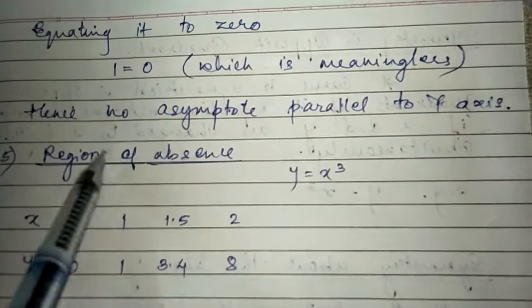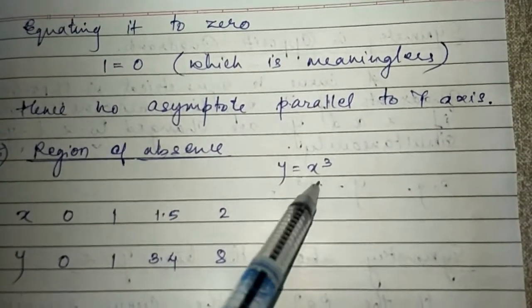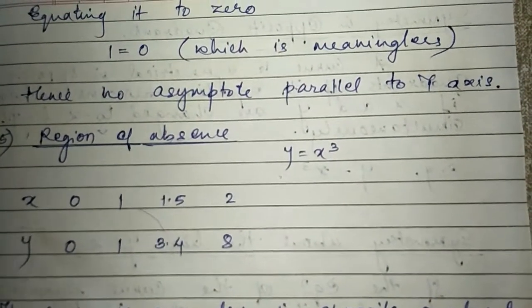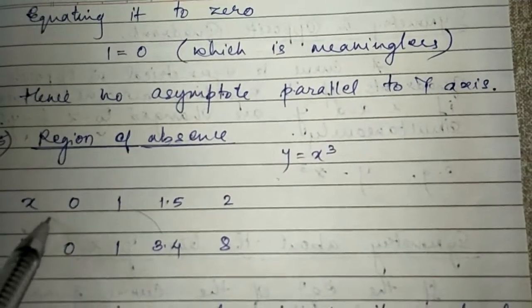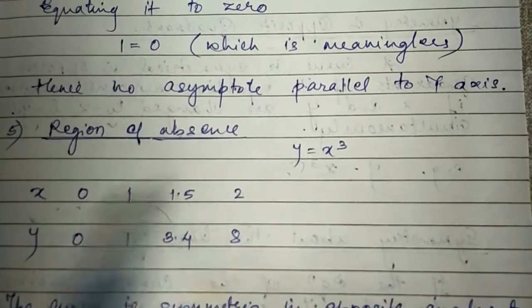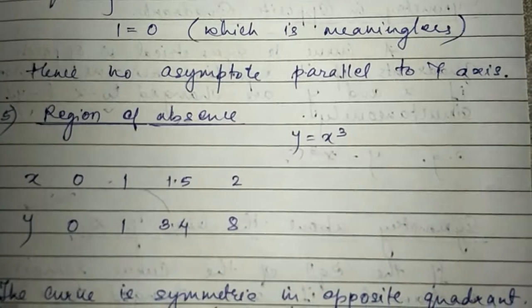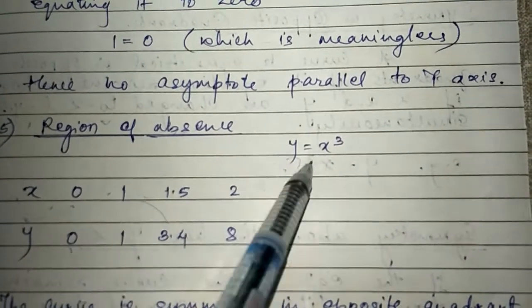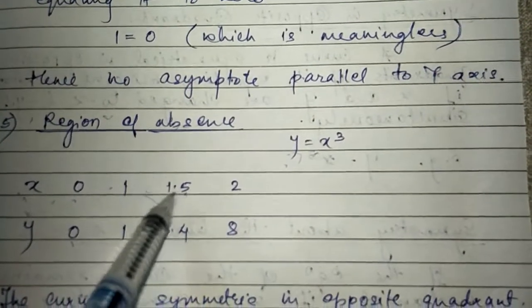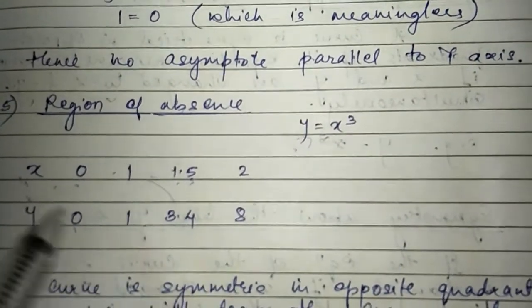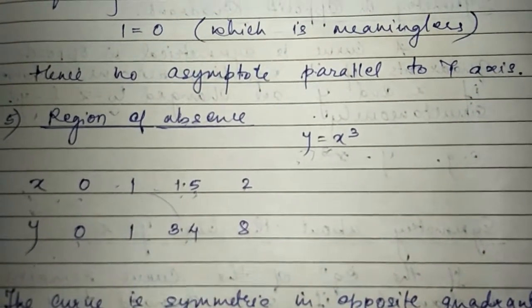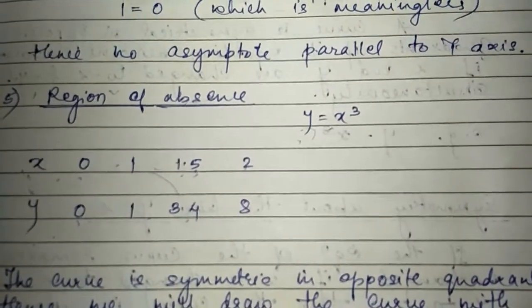Okay, then comes the region of absence. Now this is the equation of the curve. So what we'll do, we have these values of x. Suppose x is 0. What will be the value of y? It will be 0. If x is 1, y will be 1. Now if x is 1.5, we have the value of y as 3.4, and if x is 2, we have y as 8.